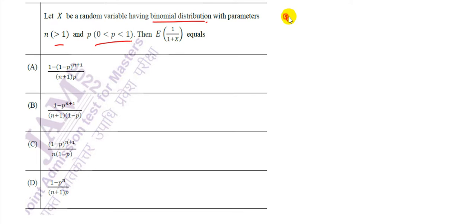So the expectation of 1 by 1 plus x will be equal to the sum of 1 by 1 plus x into the probability of x.